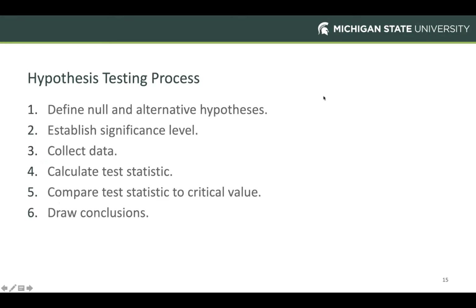All right. And so as we think about this from a big picture perspective, that's essentially going to be our first step in hypothesis testing: we're going to define the null and alternative hypotheses of interest. And so, like I said, that's generally going to mean that we're selecting some parameter or parameters of interest that describe the population we're interested in, whether that's the population of drivers and how fast they travel, or the population of drivers and how much they travel, for example. We're going to establish a significance level, which is basically setting a threshold that relates to the risk and uncertainty that's inherent in our testing procedure.